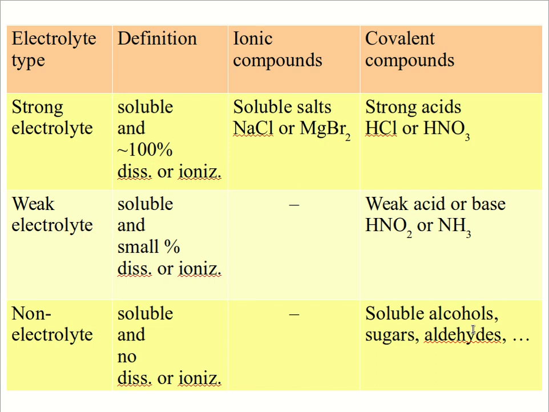Most of the covalent compounds that are soluble fall in fact into this class. Alcohols, sugars, aldehydes, you name it. There's plenty of covalent compounds that are soluble or miscible with water. We very often say miscible with water for this class, and those don't form any ions.